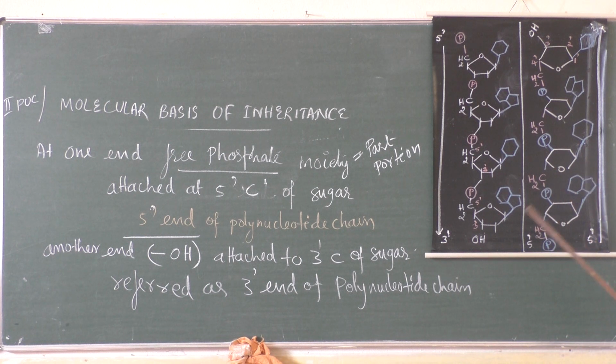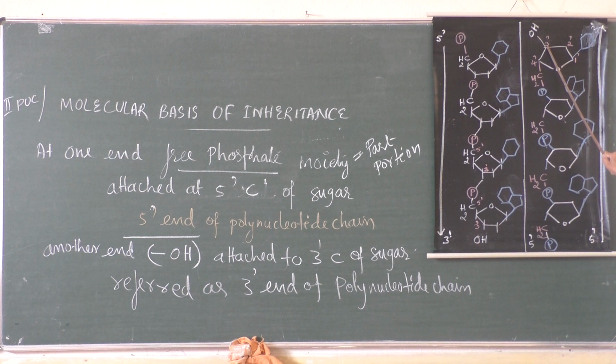In this case, the same chain is in an inverted condition. When the sugar gets inverted, automatically this becomes 1, 2, 3, 4, and here this is the fifth carbon. Then what is at the top end? When the sugar is inverted, this is the third prime, so this becomes the 3 prime end.